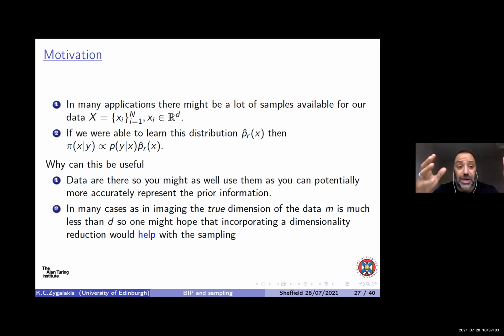I'll try to be a bit more concrete about what I mean in a second. But that basically means that you could potentially have a significant dimension reduction, okay? And obviously when it comes to sampling, or even optimization, but even more so sampling, it's better to work in lower dimension than high dimension in terms of computational efficiency, okay? So this reduction can help you with sampling.